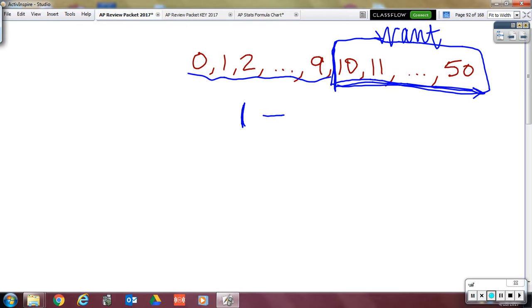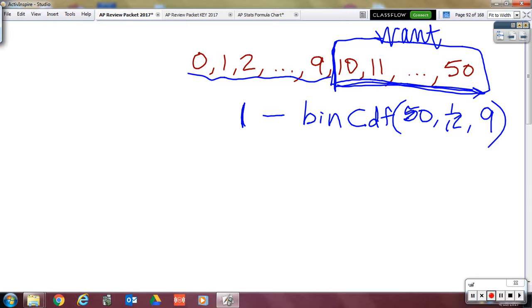This is an accumulation, so I will do binomial accumulate out of 50 trials, with 1/12 as my probability. I will go up to and including what? I will take off the bottom 9. If you put the number 10 here, you've taken off too much.